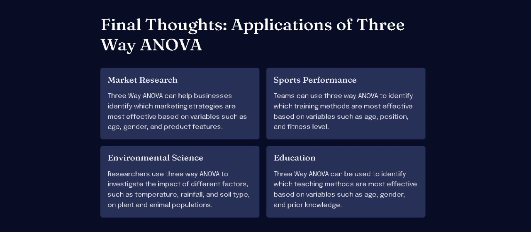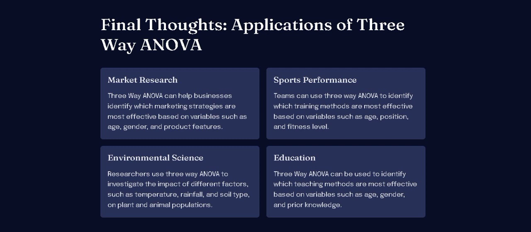For the last, the final topic is applications of three-way ANOVA. For market research, three-way ANOVA can help businesses identify which marketing strategies are most effective based on variables such as age, gender, and product feature.